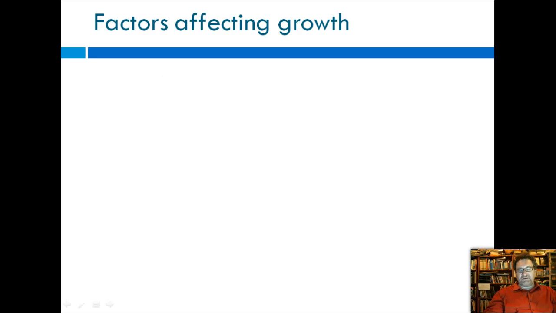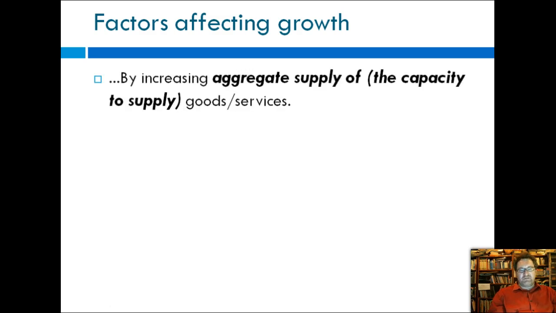You can increase the amount of output that can be produced in an economy if you're at full employment already, only by increasing the aggregate supply of goods and services, or the capacity to supply goods and services. If you can increase that capacity, that potential GDP, then, assuming you subsequently increase aggregate demand, you can further increase growth.